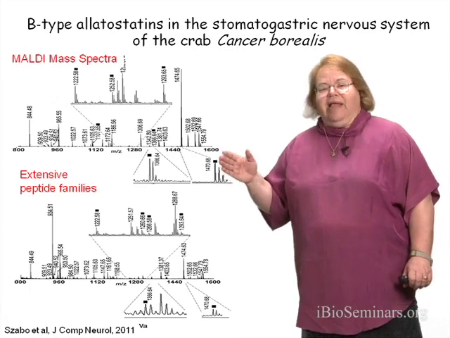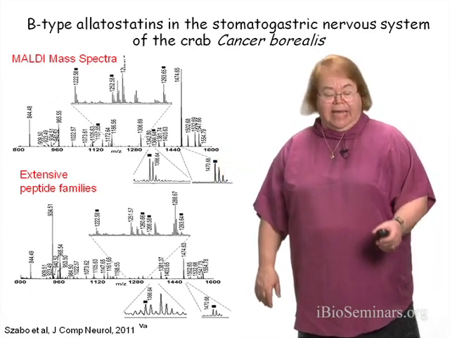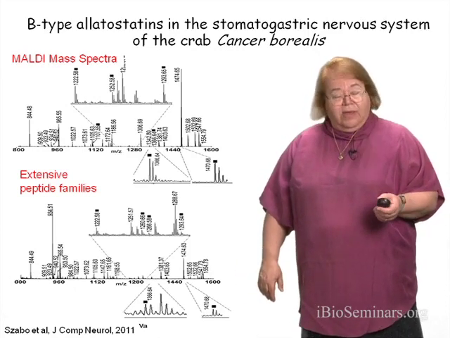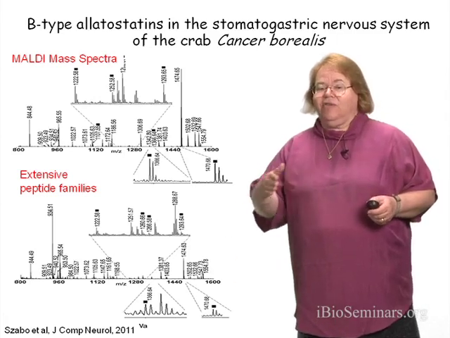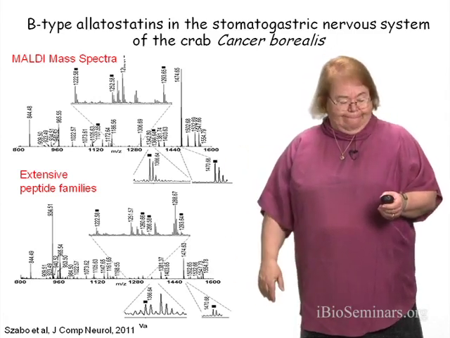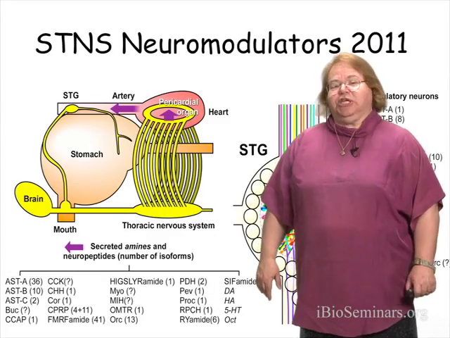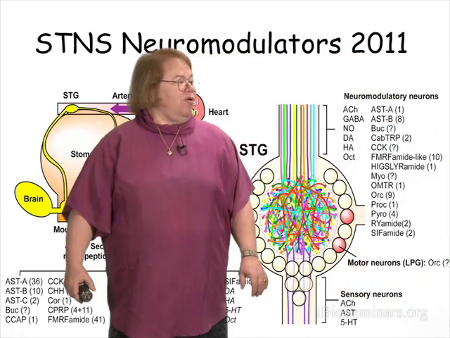So, for example, there are 8 or 10 different allatostatin B peptides in the stomatogastric nervous system. And this becomes very important because if you want to do physiology, you actually need to know the real structure of the peptide.